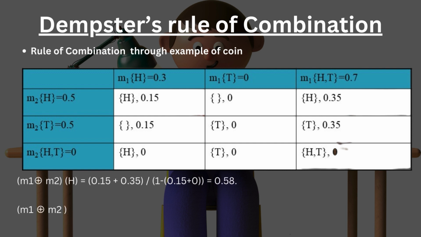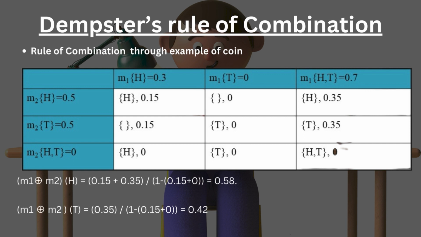The numerator captures the intersection of evidence and the denominator normalizes the results. So, we can say that the rule of combination combines the basic probability assignments M from two pieces of evidence to create a new belief function that represents the combined evidence.